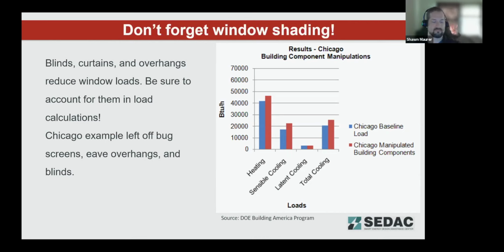It might be a foot, might be a couple feet, depends on what they were trying to do, if they're trying to get some passive qualities to the house or not. But even those minor amounts of shading have an impact on the loading of the Manual J calculation. And here that resulted in about a half a ton of additional cooling load for the building, just leaving off those overhangs and the bug screens and blind positions.